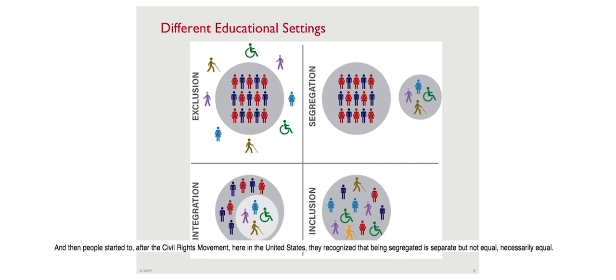Then people started to, after the civil rights movement here in the United States, recognize that being segregated is separate but not necessarily equal. So they had this new model, the next one. It's called integration. That idea is where one school would have children without disabilities in one area, and then they would put children that have disabilities in that school, and that would be good enough.